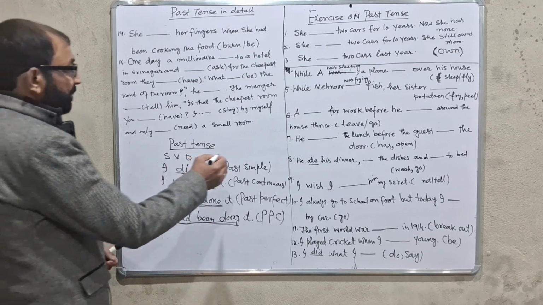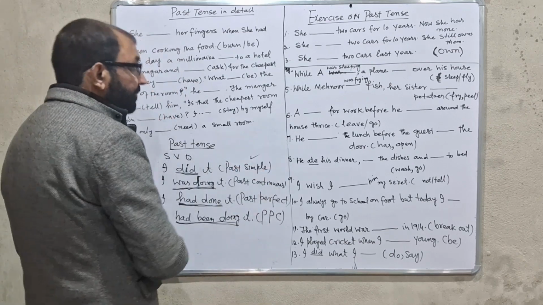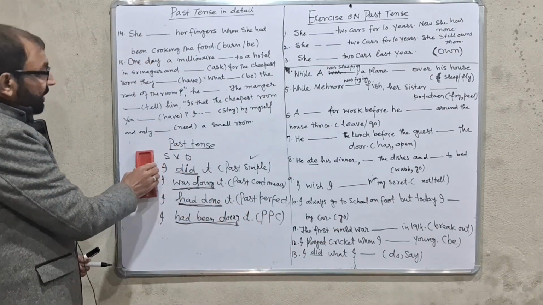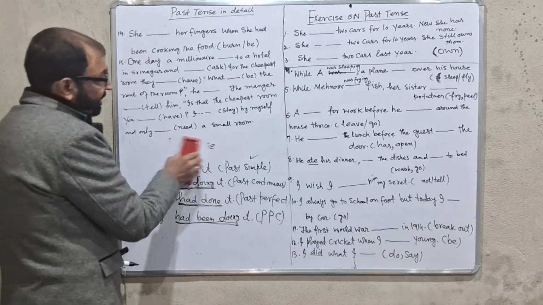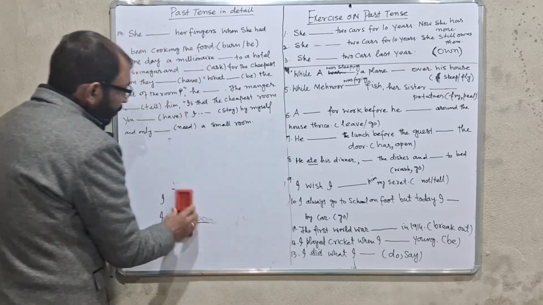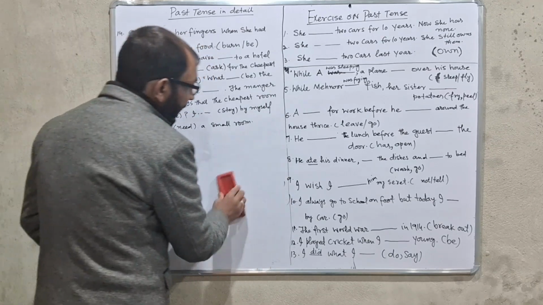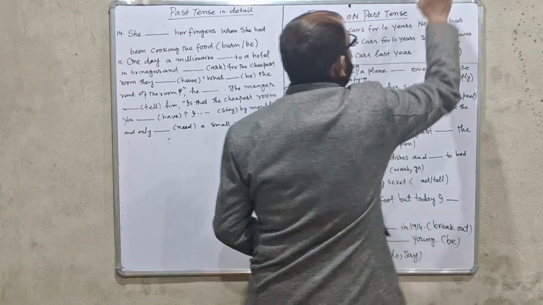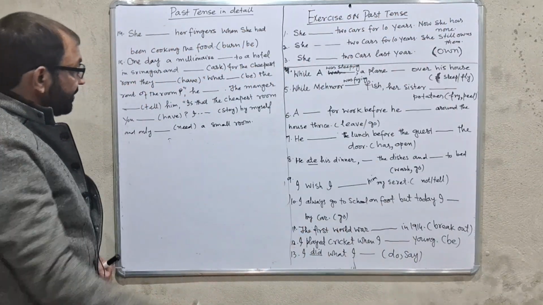Now what about this past simple tense? As I have already told you, past simple tense is used to show actions that started in the past and ended in the past.